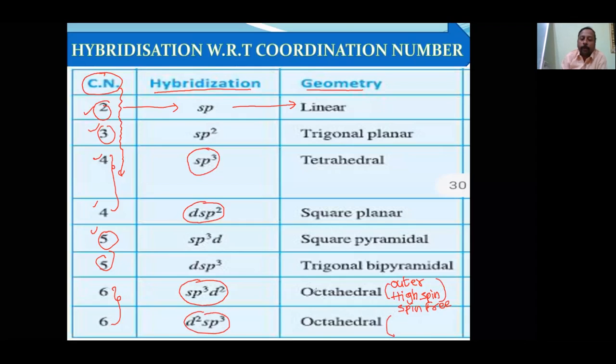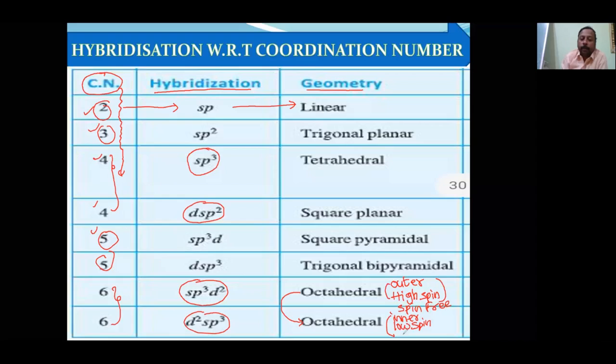If you understand the concept behind that, then outer can be replaced by, here what should be the name? Very good, it should be inner octahedron. And high spin should be replaced by, very good, low spin octahedron.